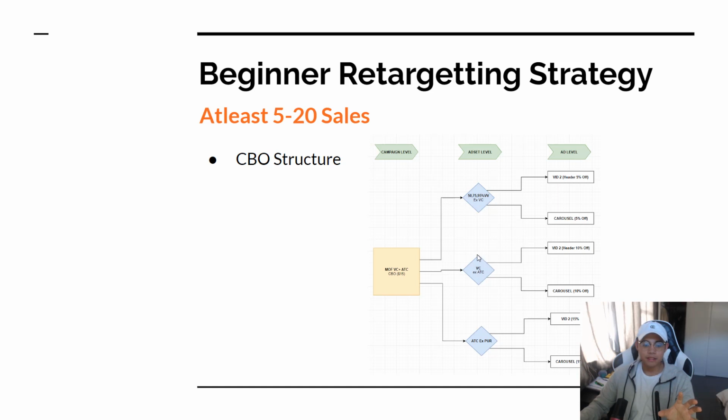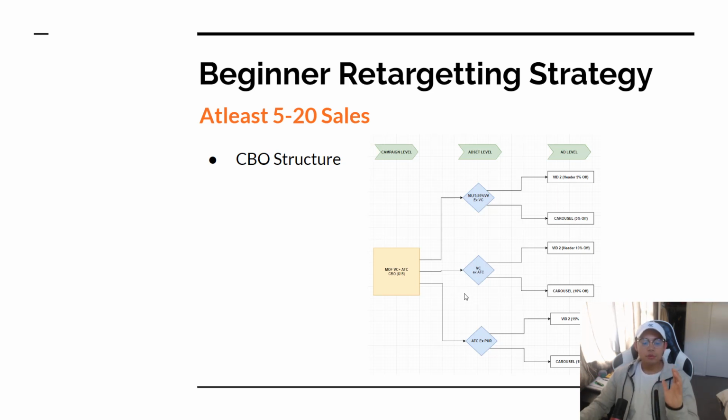Basically, these are all the people that landed on your page but didn't click add to cart. So you want to give them a better offer, right? So you give them a 10% offer plus free shipping. Same thing, just copy the ad description and add that in the carousel.